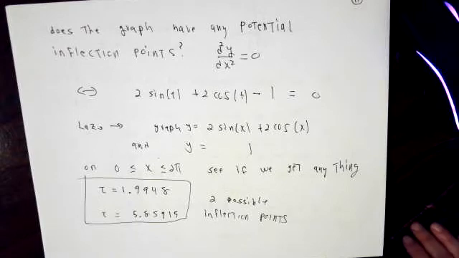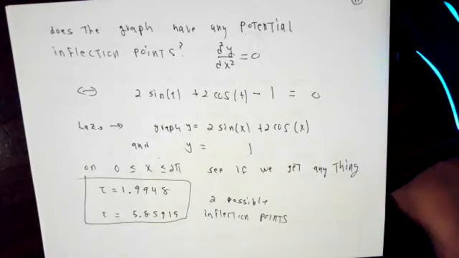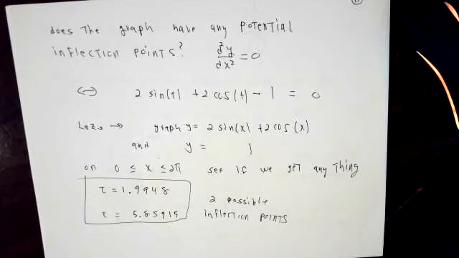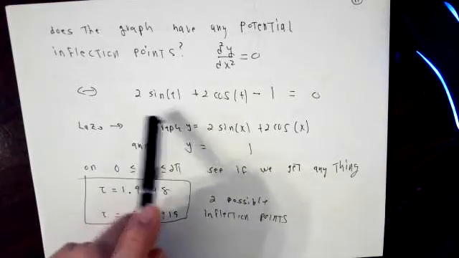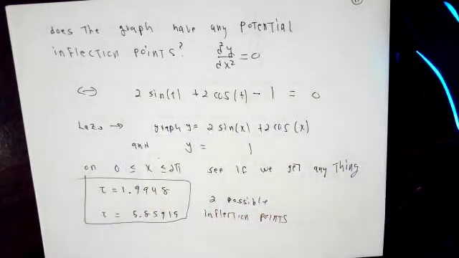The second derivative makes sense no matter what t-value you put into it, so I only have to worry about the case where the second derivative of y with respect to x is 0. When a fraction is equal to 0, that means the top of the fraction is 0. So if I'm going to have any candidates for inflection points whatsoever, the t-value that goes with them will have to obey 2 sine t plus 2 cosine t minus 1 equals 0.